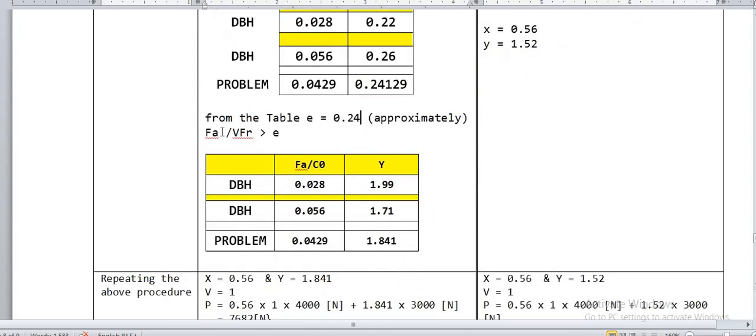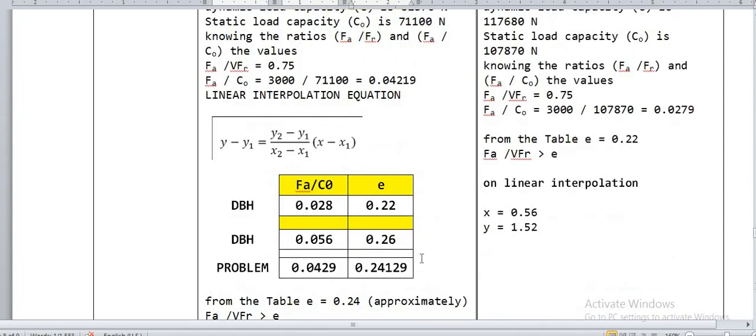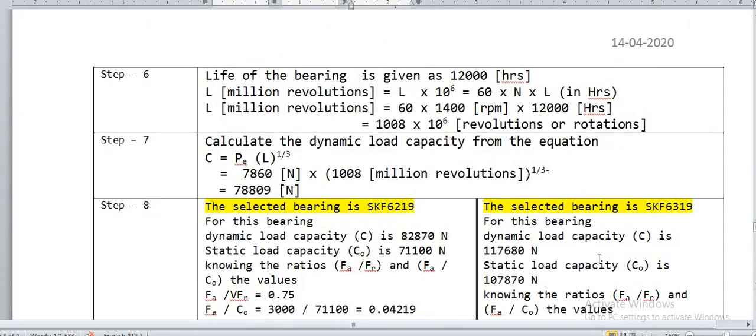The corresponding FA by FR is greater than E, therefore the Y value is again interpolated, and you will get 1.841 as the latest one. I will explain this after completing the 6219 series, and then I will go to the 6319 series.